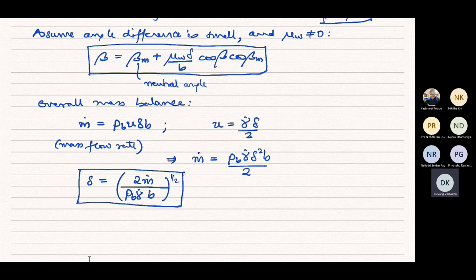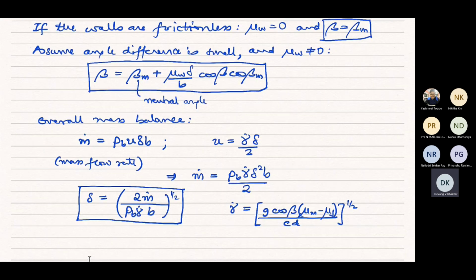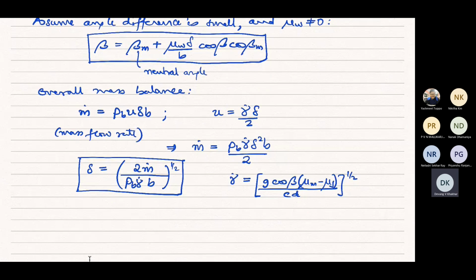layer thickness. And in the earlier lecture, we have already seen that gamma dot is related to the coefficients of friction mu m and mu s, and the other parameter of the model C. So this is also known. So now in this way we can solve for the entire problem.